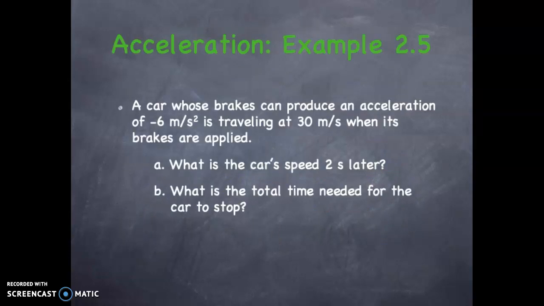This is another example here. A car whose brakes can produce an acceleration of a negative 6 meters per second squared is traveling at 30 meters per second when its brakes are applied. What is the car's speed 2 seconds later? And what is the total time needed for the car to stop?